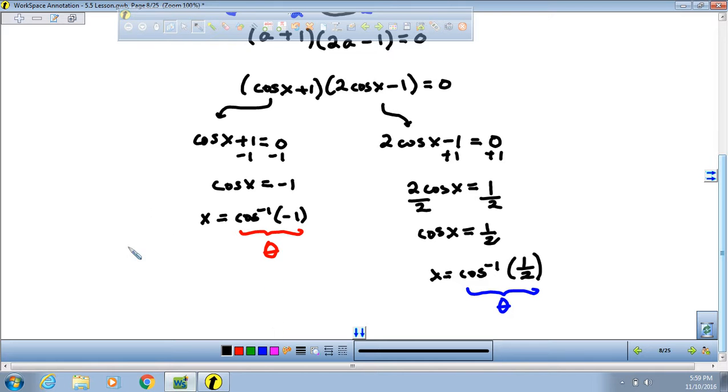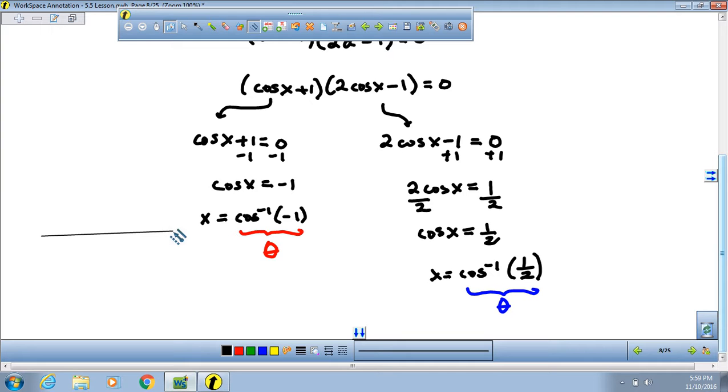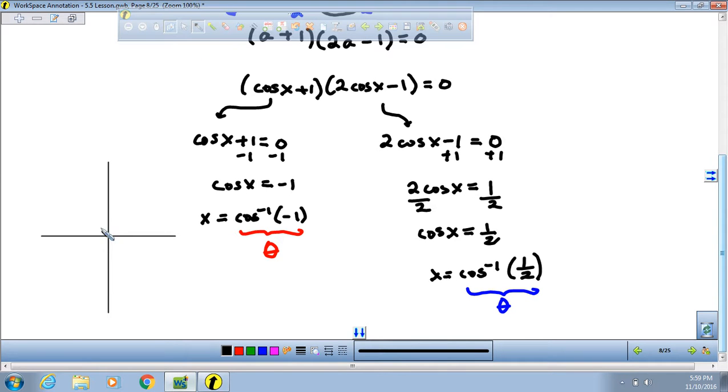First of all, for this one, we need to determine cosine is negative on which quadrant. Cosine is negative in quadrant 2 and quadrant 3. Now, cosine is x divided by r, right?